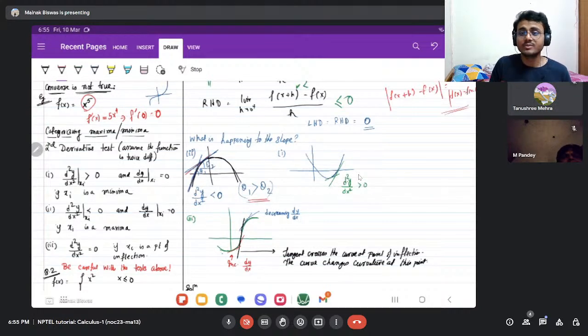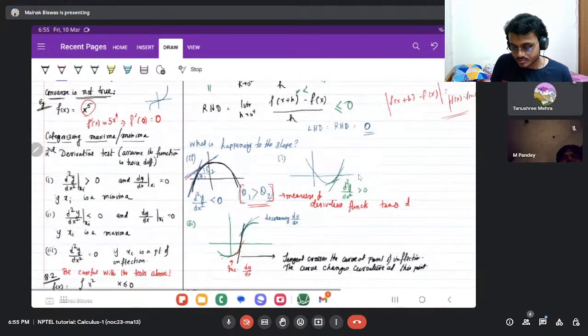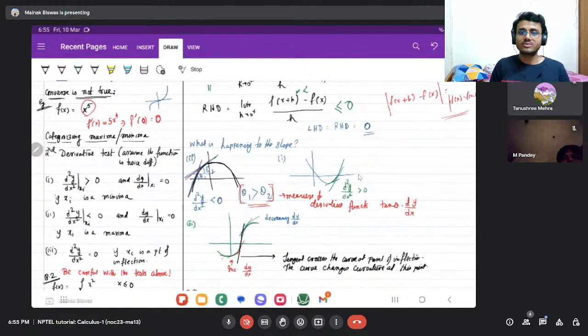What does it mean? That your gradient, so theta 1 and theta 2 are measured for the derivative function, right? So tan theta is nothing but the derivative. This one we have seen. So what is happening to the derivative? Is it increasing or decreasing?